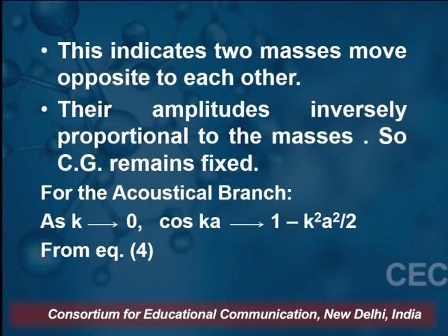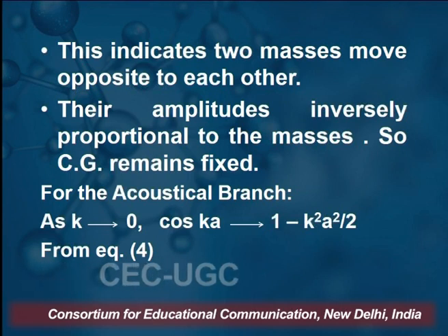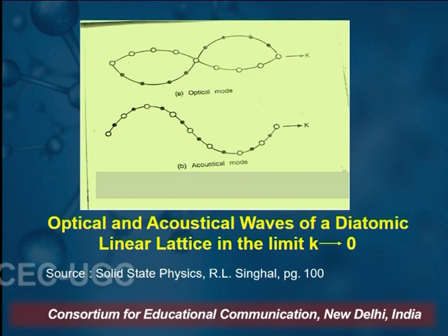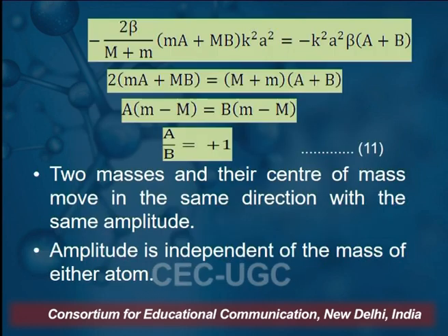So, this means that the CG of the system will remain stationary. This is indicated by the first figure. The amplitude of the heavier mass will be smaller, the amplitude of the lighter mass will be larger, but the CG of the entire system will remain stationary. That is indicated by the first figure.